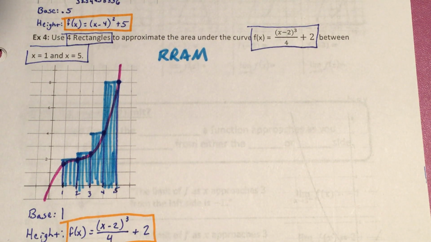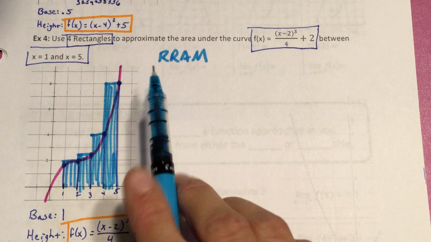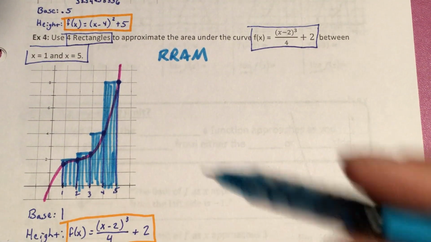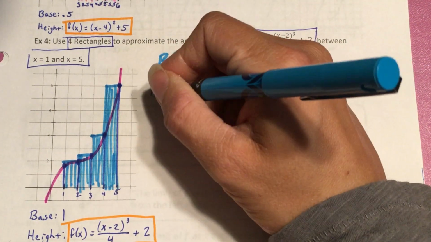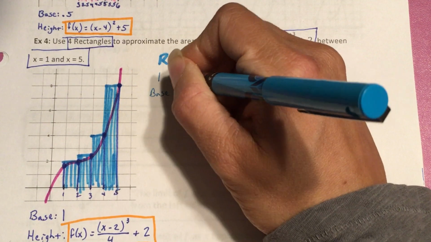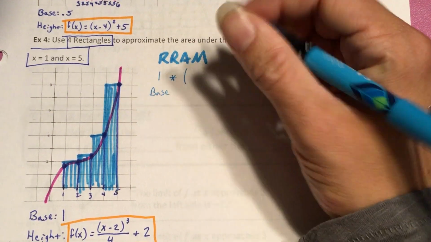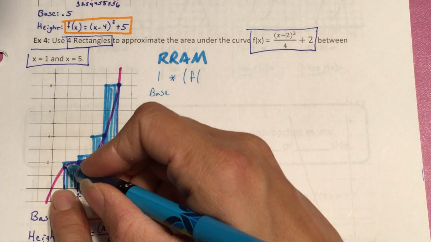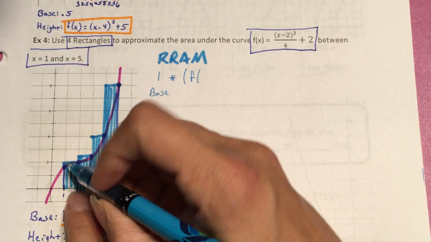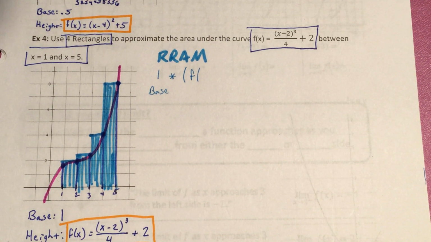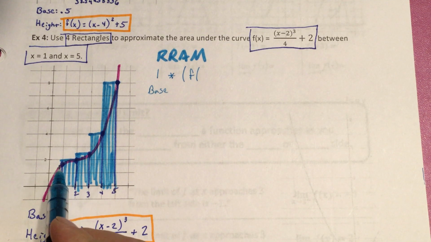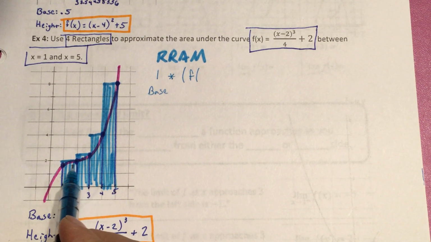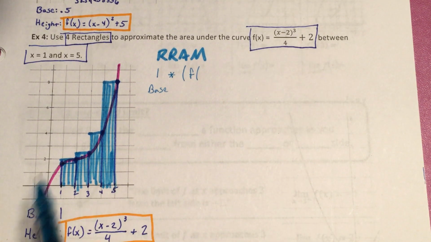So now that we have drawn RRAM, we are ready to write out our work for how to calculate RRAM. Our base is going to be 1, and then times the sum of the heights. So our first height comes from this point. So this one's a little bit tricky to see. This is why picking up on that pattern that one of your endpoints always gets left off is important. This point would actually be a height like this, which is not the rectangle we have drawn.